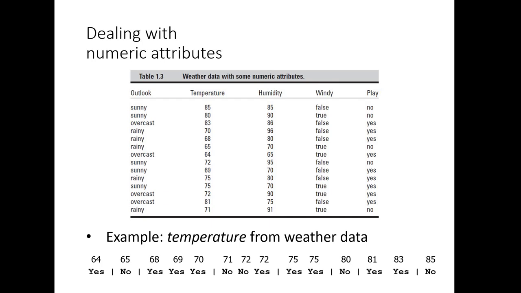When the value is greater than 82.5 and what is the midpoint here? 95.5, and less than or equal to 95.5, what is the rule? Between here to here, the most frequent class is no.